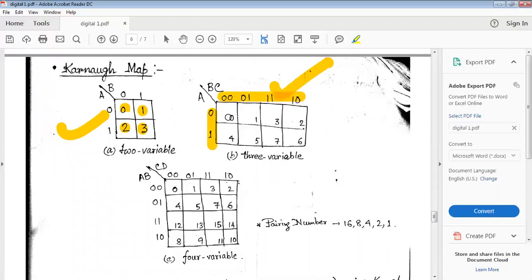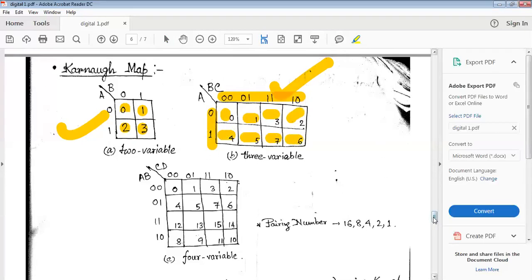So what are the terms that represent a cell, that is the 0th term, first term in that cell, second in that, third in that cell, fourth in that cell, fifth in that one, sixth in that, and finally seventh.